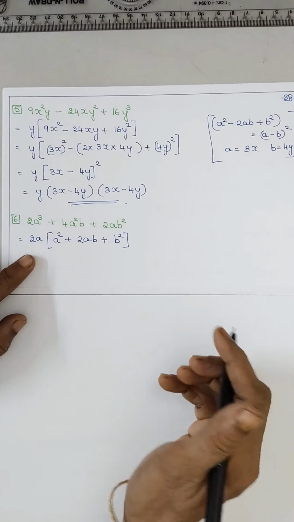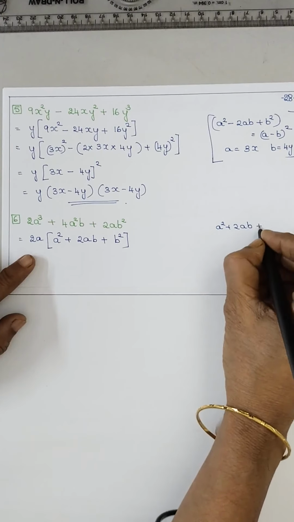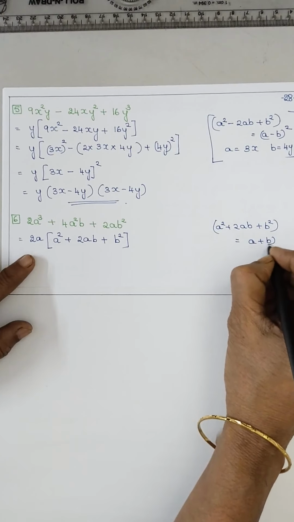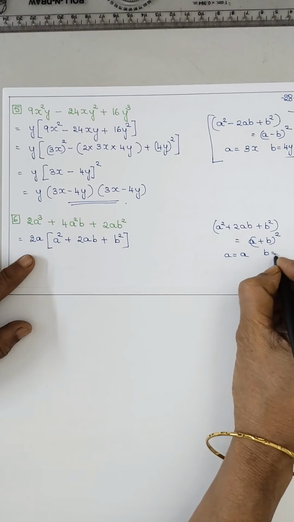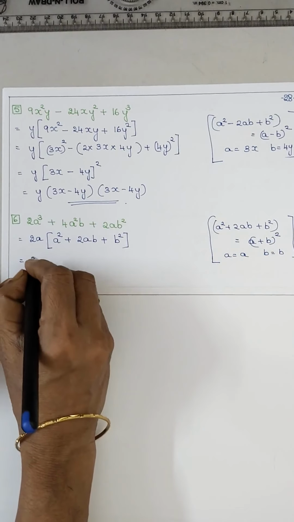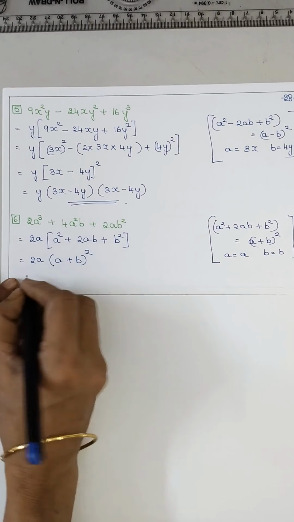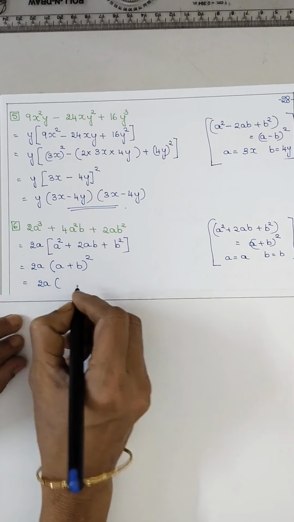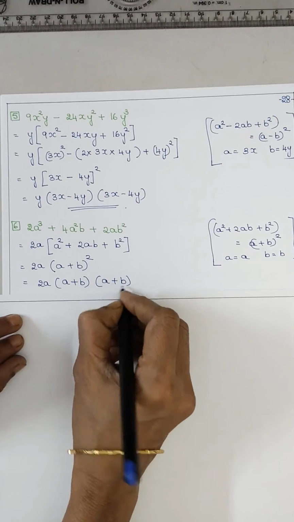Now directly the first, a squared plus 2ab plus b squared is equal to (a plus b) the whole square. A is a, b is b. 2a bracket (a plus b) the whole square. That means it is 2a, (a plus b), again (a plus b).